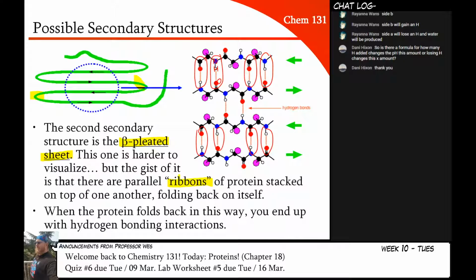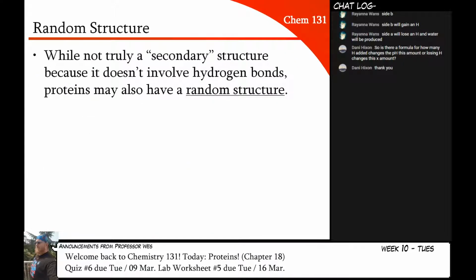And then finally, the last secondary structure that we care about is just the random structure. It's not really a structure because it doesn't have hydrogen bonds necessarily involved, but maybe two parts of the amino acid could hydrogen bond for just a little bit, and instead of getting a spiral, you just get something like that.